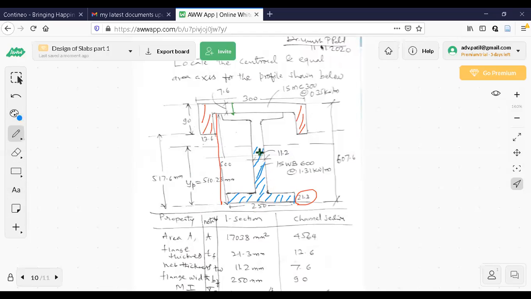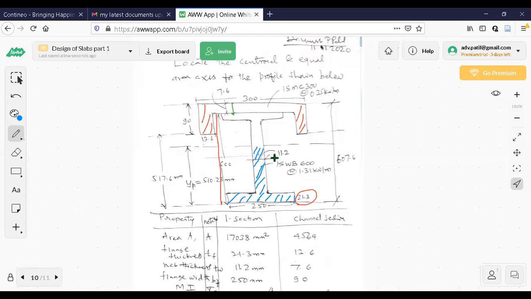Just below this equal area axis, this blue shaded area, how much should it be? It should be A by 2, correct? Because this line should divide the total area into two parts.